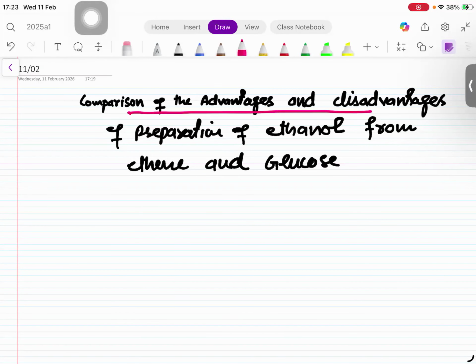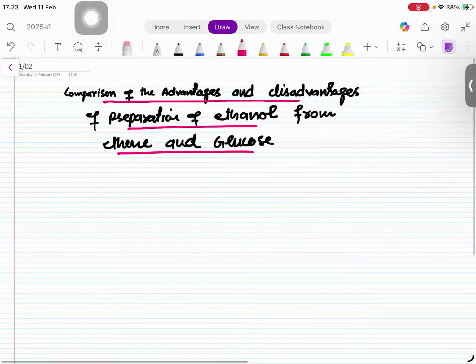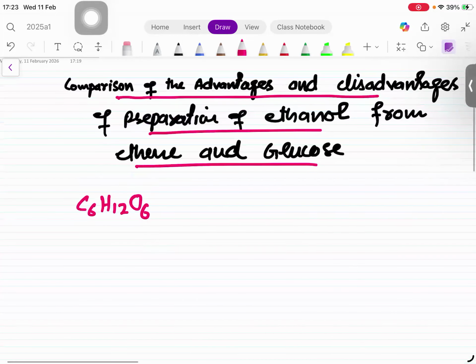So let me give you an idea. If you remember, we just did these two methods. For example, if I have C6H12O6, what is this? This is glucose.